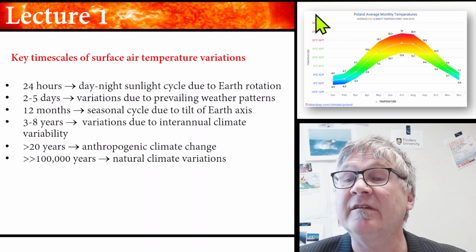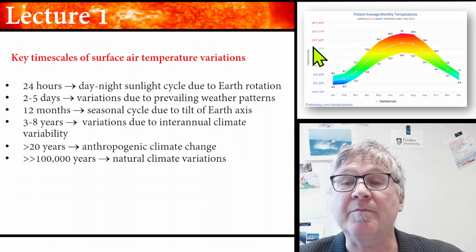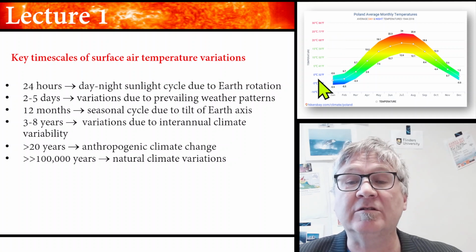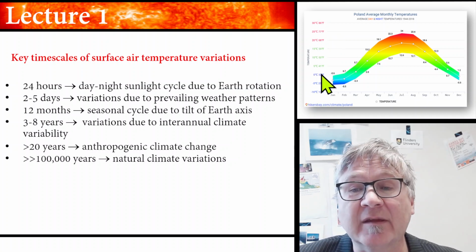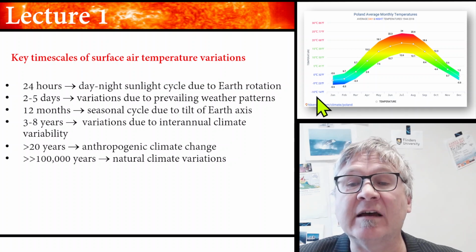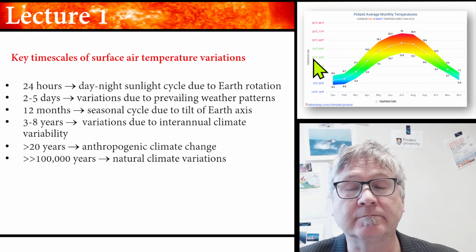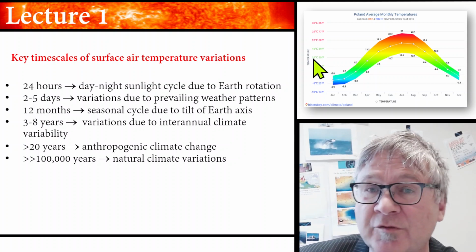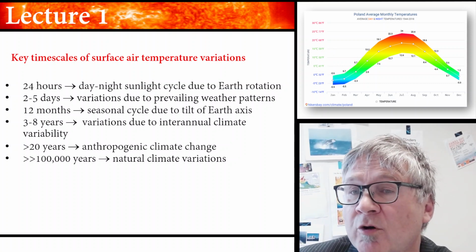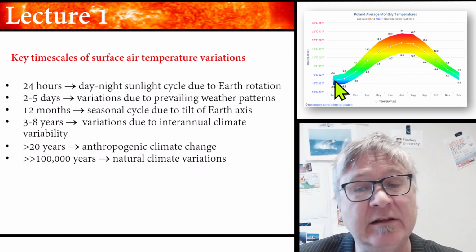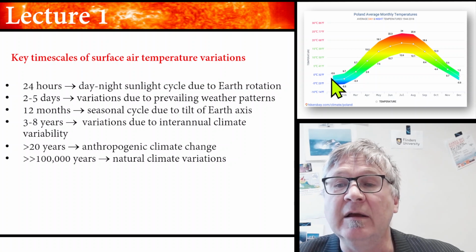You can see that high temperatures are illustrated in red, cold situations are given in blue, and in between is given in green. Those are typical colors used to illustrate warm or cold conditions. And you can see that there's a clear, distinct seasonal cycle.